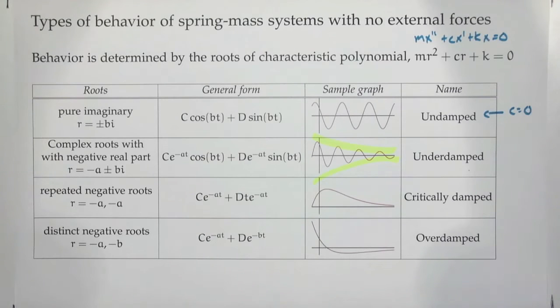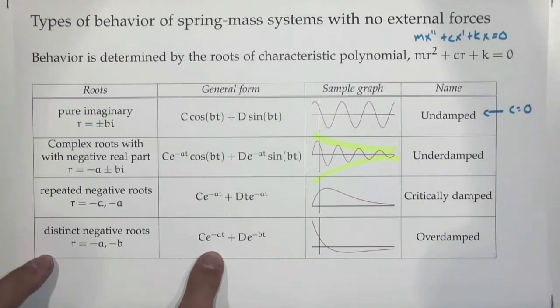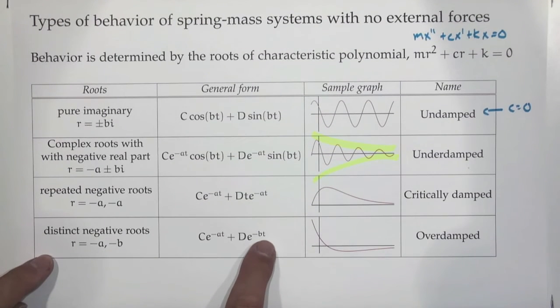And then we'll skip over critically damped and come back to it. So underdamped was our first example we worked through. If we have distinct negative roots, so there's no complex parts at all, but they're distinct, well, we know what solutions look like. e to the minus at, e to the minus bt.